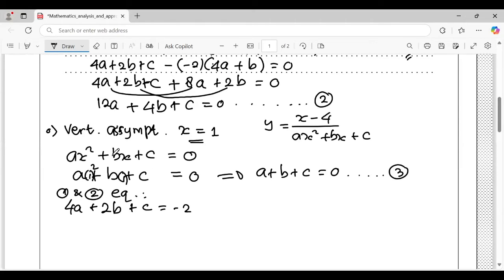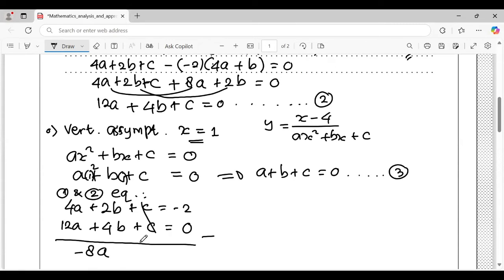And the second equation is 12a plus 4b plus c equals 0. Now we're going to eliminate c. And 4 minus 12 is minus 8a minus 2b equals minus 2, okay? Because minus 2 minus 0 equals minus 2.